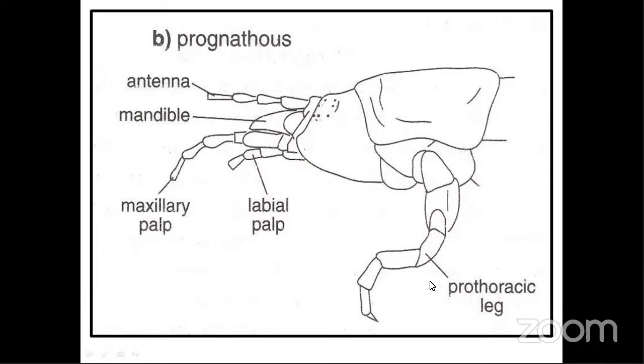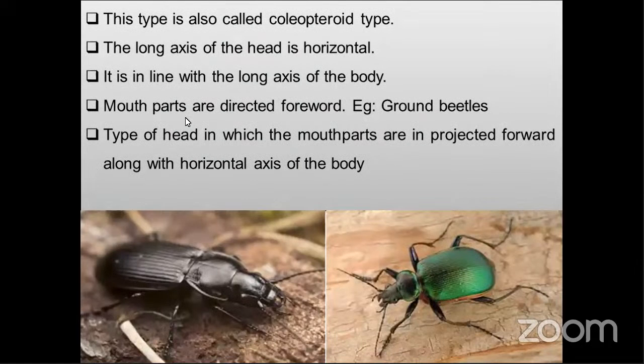We can also call it coleopteroid type, because in beetles the long axis of the head is horizontal. The head is horizontal to the body, but mouth parts and legs are at right angles to each other. Ground beetles are the best examples. This is the type of head in which the mouth parts are projected forward.